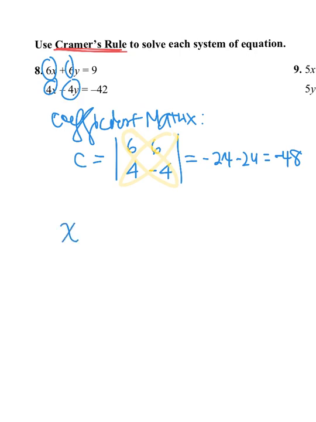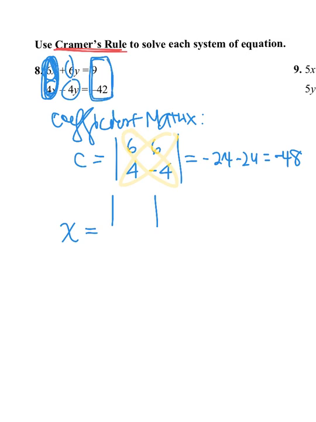So what you're going to do is solve for x by having another 2 by 2. And inside the 2 by 2, because you're solving for the x variable, you're going to replace the coefficients of x with the constant numbers.